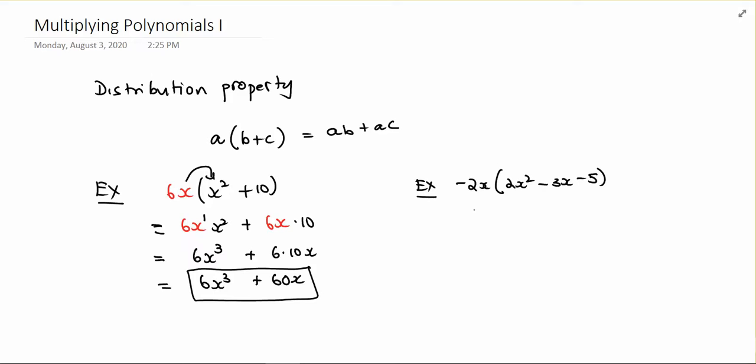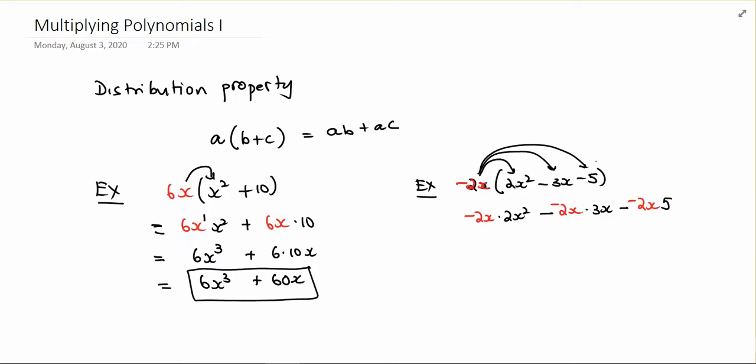So in this case, again, let me do it in slow motion, so you see everything. Minus 2x times 2x squared minus 2x times 3x minus 2x times 5. Okay, so that's the first one, the second one, and the third one.